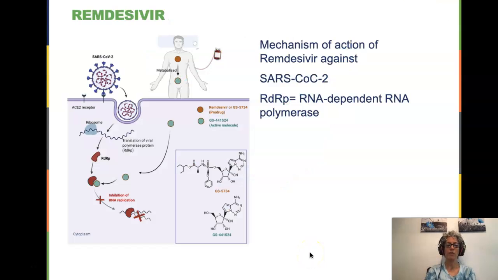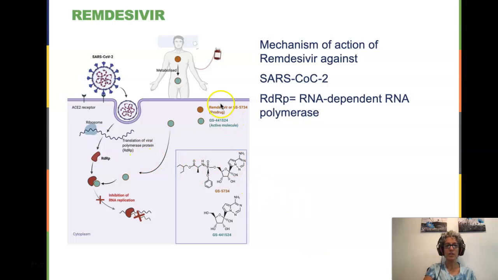And an antiviral discussion would not be complete without remdesivir. This is a drug that was developed for treating other viral infections, but is showing some promise in treating SARS-CoV-2, COVID.